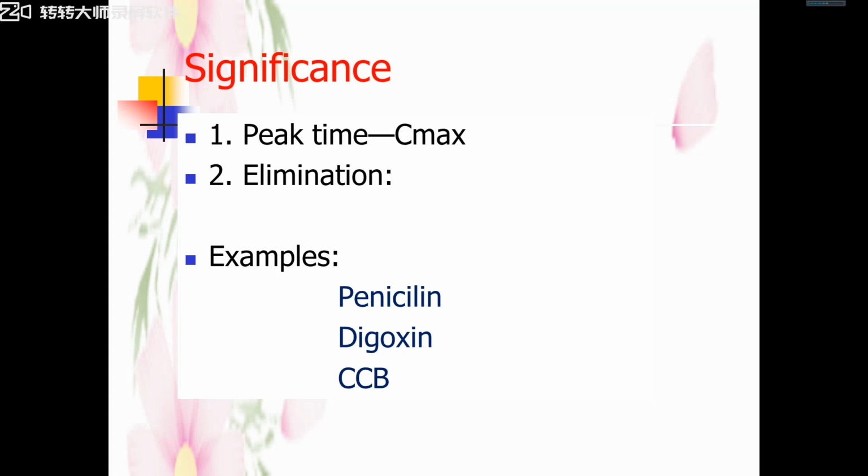And we also have the third generation CCB, such as amlodipine. Yes, very good. In our pharmacology class, we have studied that amlodipine has the longest half-life, nearly 35 to 48 hours. So hypertension patients use amlodipine, compared to the second generation CCB, once daily, QD oral administration, because it has the longest half-life among CCBs.